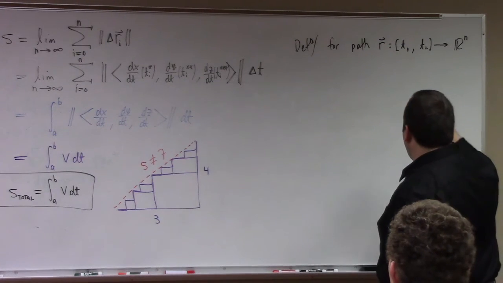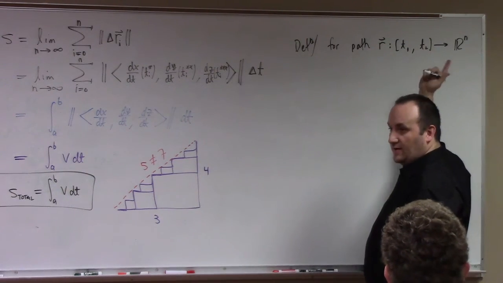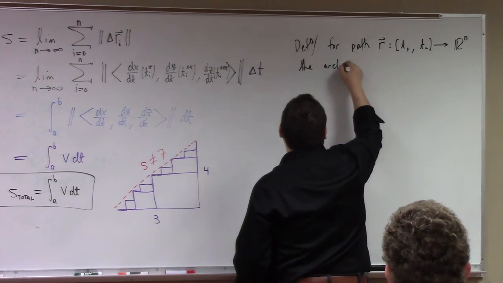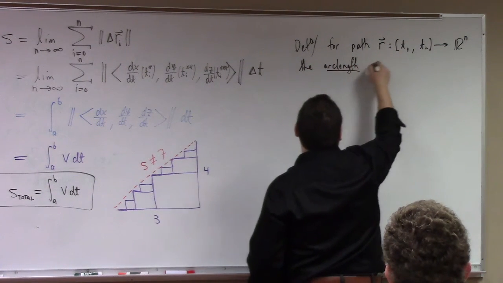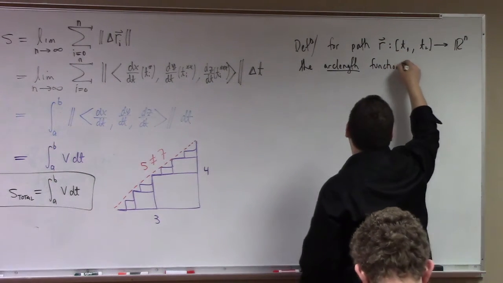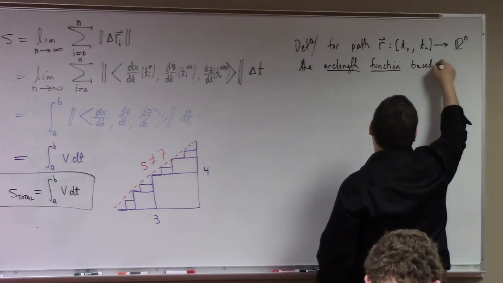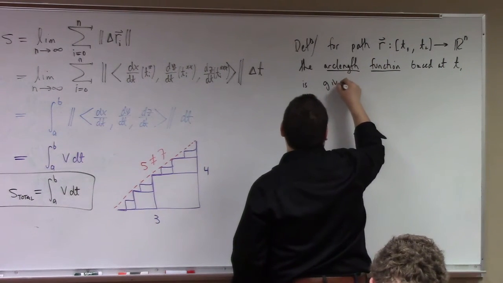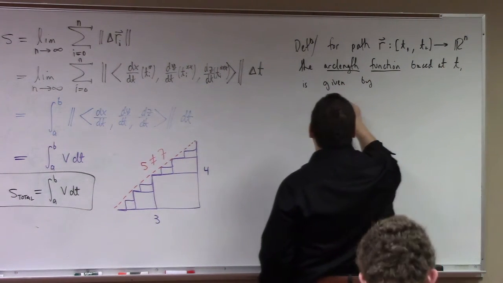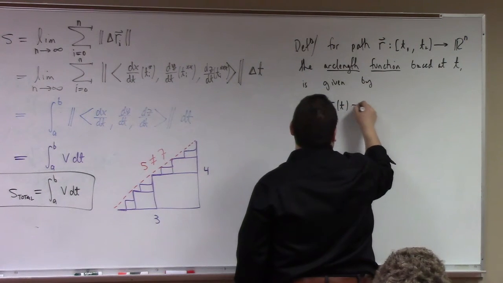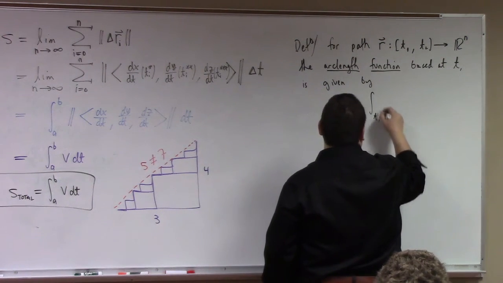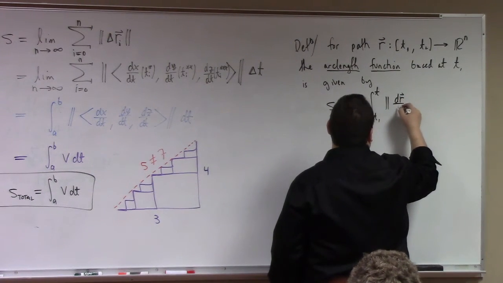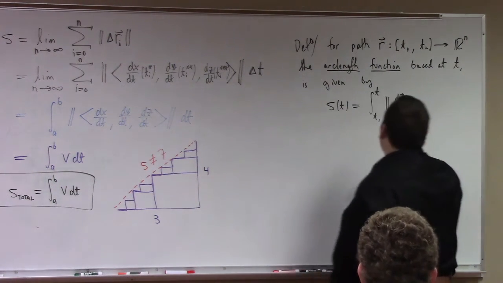But anyway, for a path going from t1 to t2 into R^n, the arc length function based at t1 is given by s(t) equals the integral from t1 to t of the magnitude of dr. See, now here's where I get into trouble.